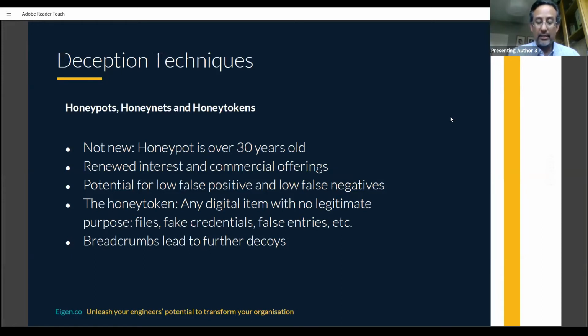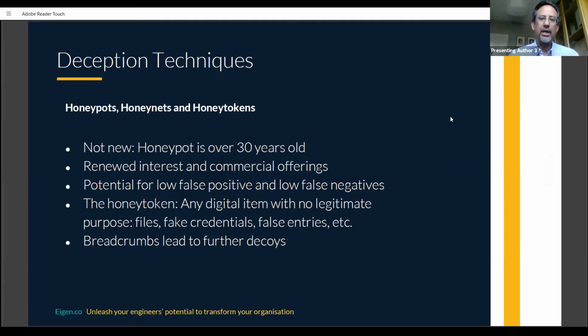Honey tokens, on the other hand, are digital items with no purpose. They're essentially things like fake credentials, database entries, things like this. In a prior presentation, there's a whole catalog of this. Also in our paper, there are references. Now, in commercial literature, a new term has come about called breadcrumb.